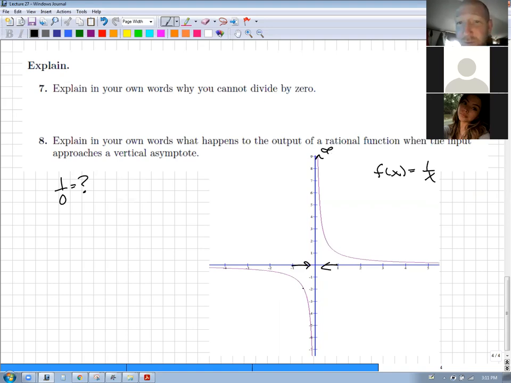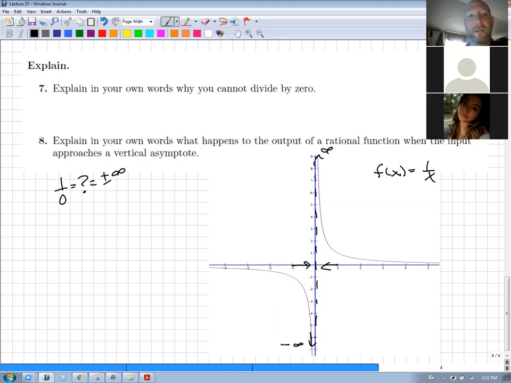But if we approach 0 from the left, it goes to negative infinity. So is this equal to positive infinity or negative infinity? It's both, and nothing could be further apart than positive infinity and negative infinity. So there's a vertical asymptote here.